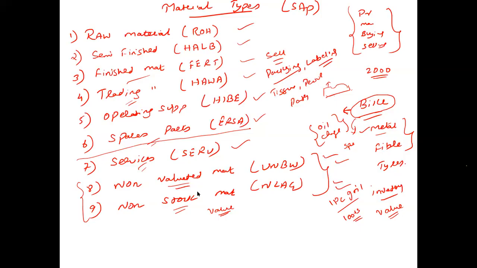Your business asks you that it doesn't want to pay charges from another GL account. It needs a transportation material to be created in the system as non-stock. So for transportation material, you will pay the amount to the vendor, but you will not have the stock in your hand. That is nothing but non-stock material.